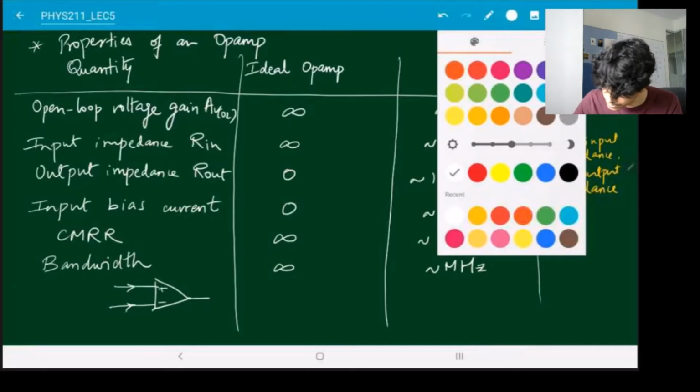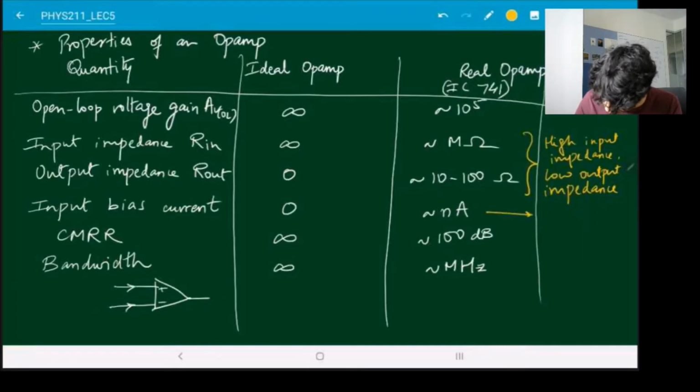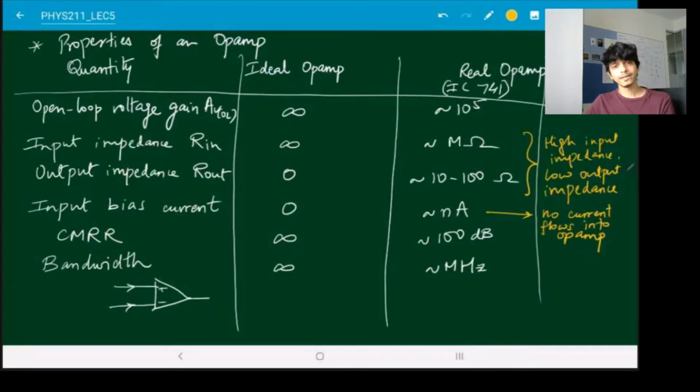So what this means is that ideally no current flows into the op-amp. Ideally, in reality, there will be some small amount of current that goes in, but when we are trying to analyze a circuit, we are going to deal with ideal op-amps, and we will say that the amount of current entering the op-amp is zero.